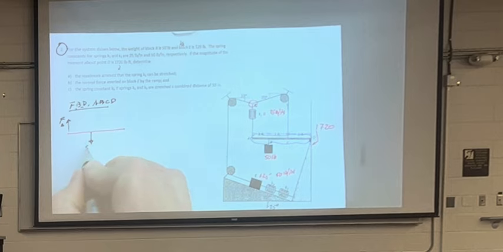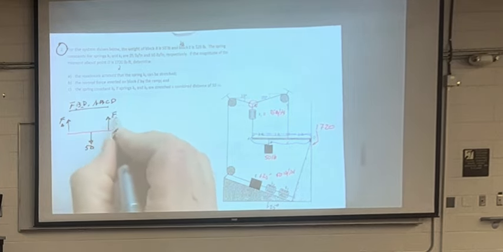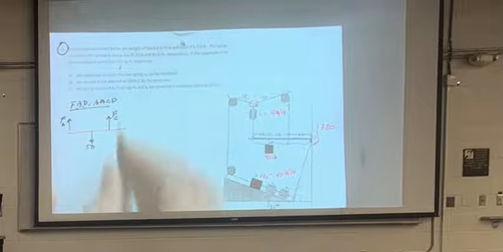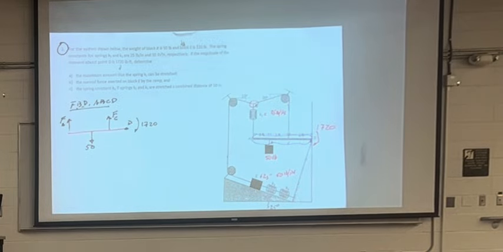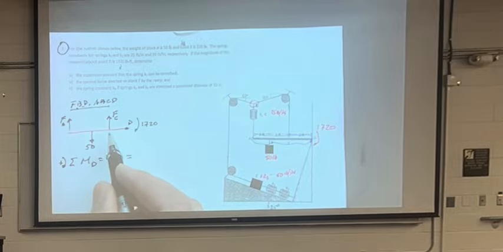I'm going to show a force of 50. I'm going to show a force C, FC. And then over here at D, I have 1720. So I'm going to write some moments at D, clockwise positive, is equal to 1720, which must equal the moments being generated by these three forces.